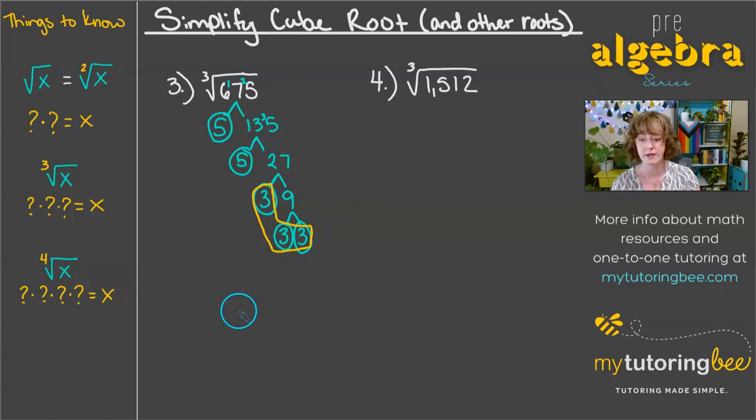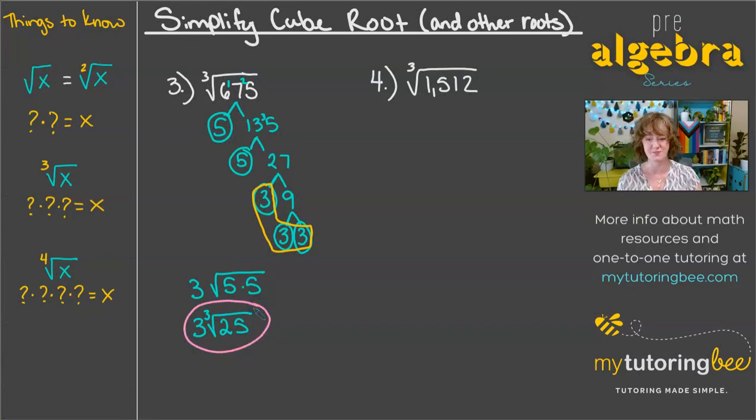So what we wind up with is a 3 on the outside, and then 5 times 5 stay inside. So we're just going to simplify. So this is 3 times the cube root of 25, and that is our final answer for that one.